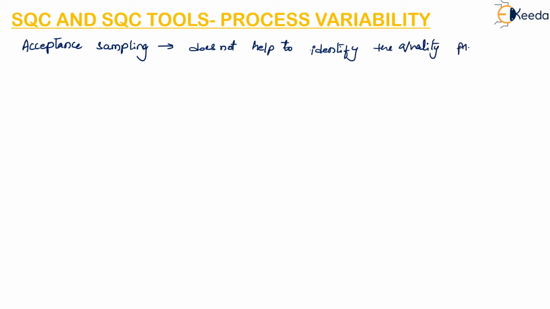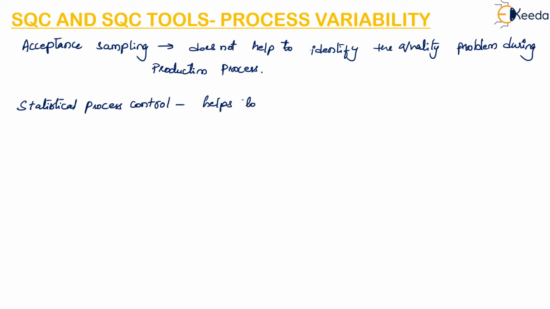So for this, that is statistical process control helps us to identify the quality problems during the production process.